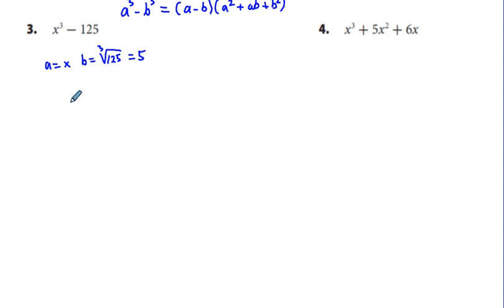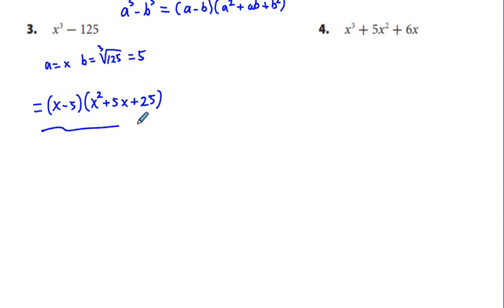And so we can write this cubic polynomial as, I'm going to put an equal sign here, a minus b, in this case x minus 5, times x squared plus ab, well, b is going to be 5, plus b squared, and b being 5, b squared is 25.